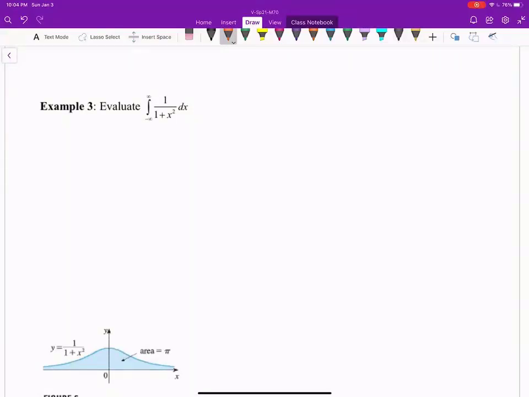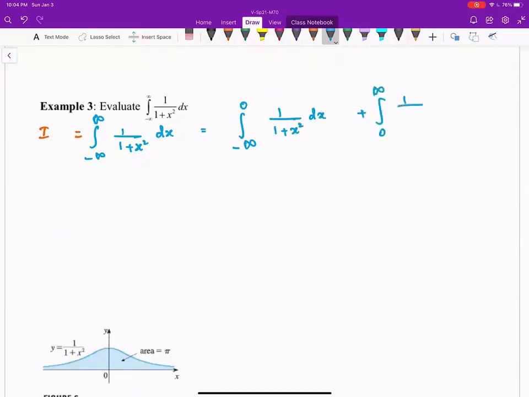So we write the integral I, equal to the integral from negative infinity through positive infinity of 1 over 1 plus x squared dx, as the sum of two integrals. One is the integral from negative infinity to 0 of 1 over 1 plus x squared dx, plus the integral from 0 through infinity of 1 over 1 plus x squared dx.